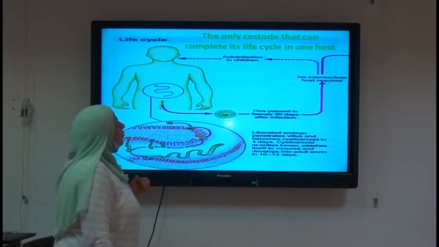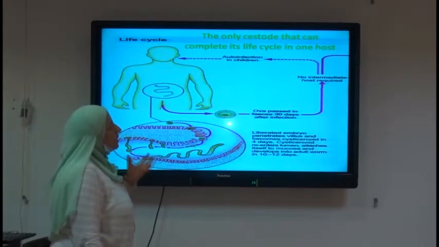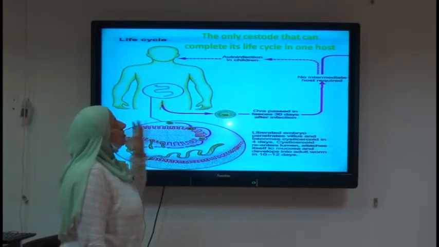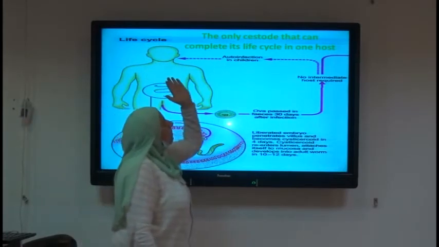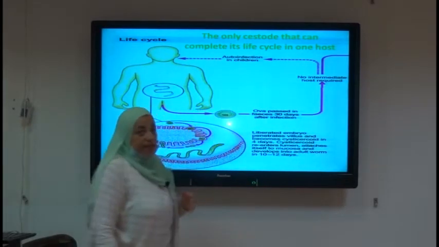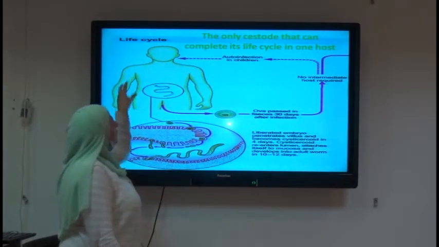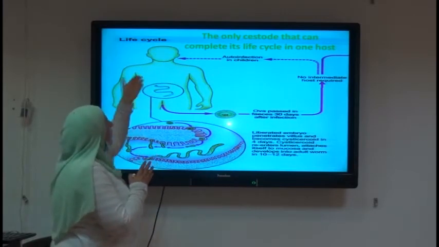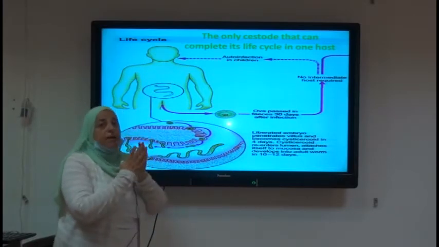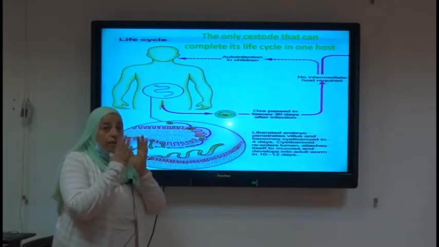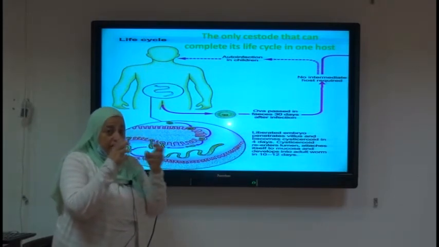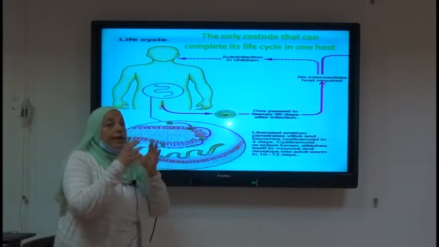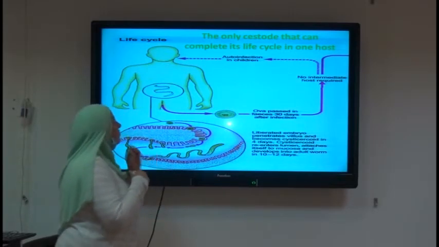The life cycle of Hymenolepis nana is a very simple life cycle. This is the only cestode that can complete its life cycle in 1 host. The adult worm is in the small intestine of man. Eggs, or sometimes segments, will be liberated, and the eggs will be liberated from the segment itself.